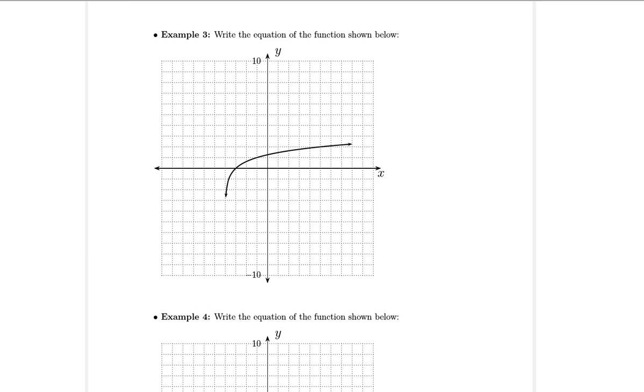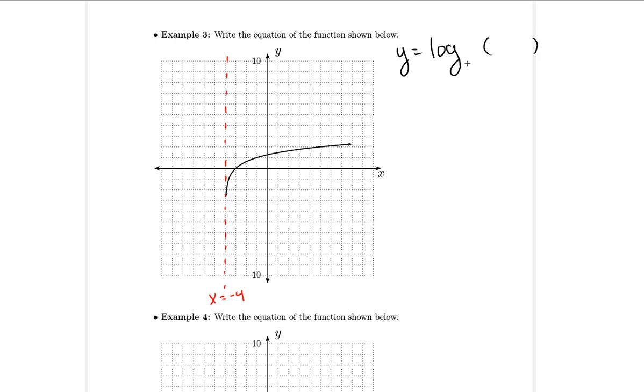So let's go ahead and pencil that vertical asymptote in here at x equals -4. All right, so that's good. But what does that mean for the function, right? I'm trying to come up with this function, y equals the log of something.